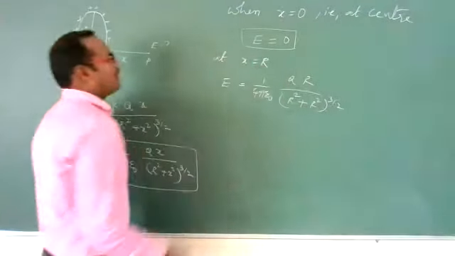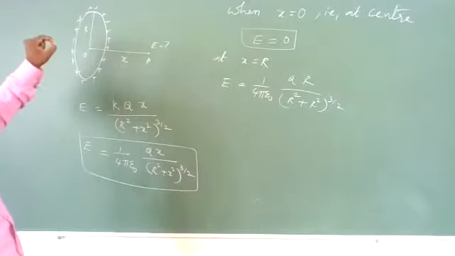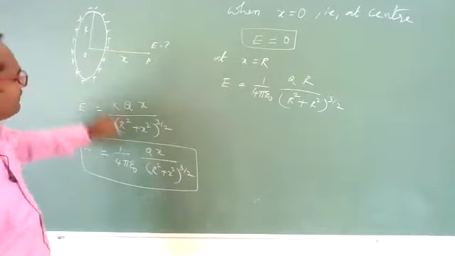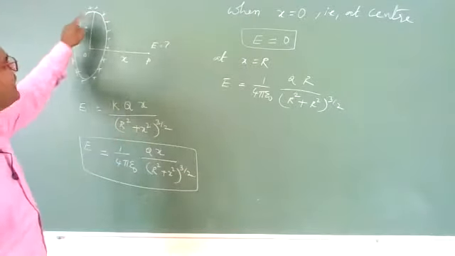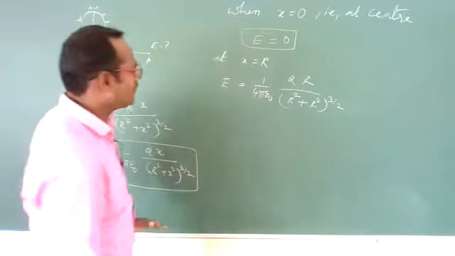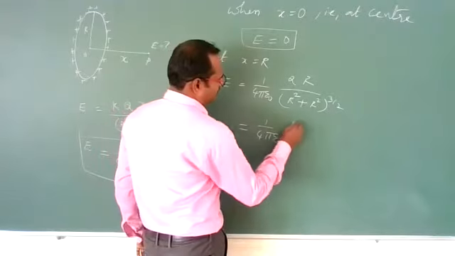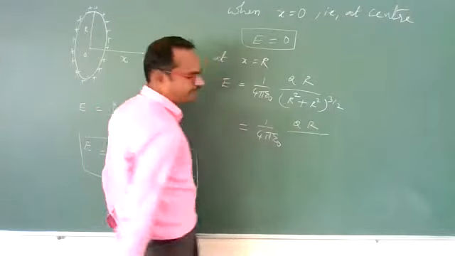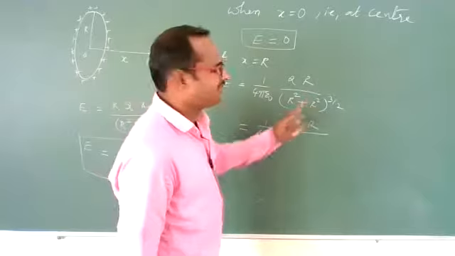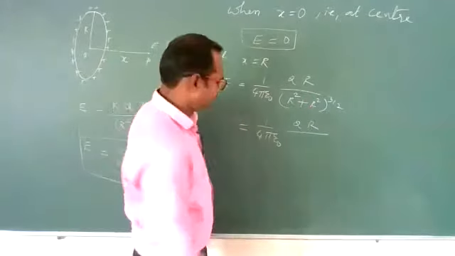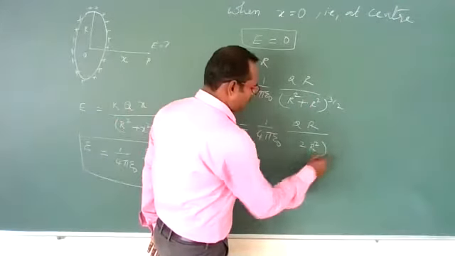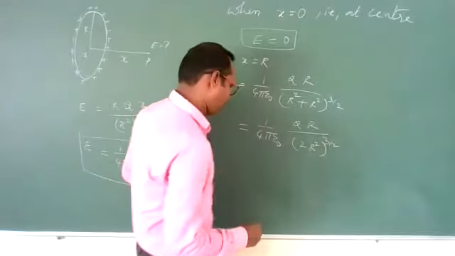So you will get 1 by 4 pi epsilon naught, Q into R divided by (R square plus R square, that is 2R square) whole power 3 by 2.